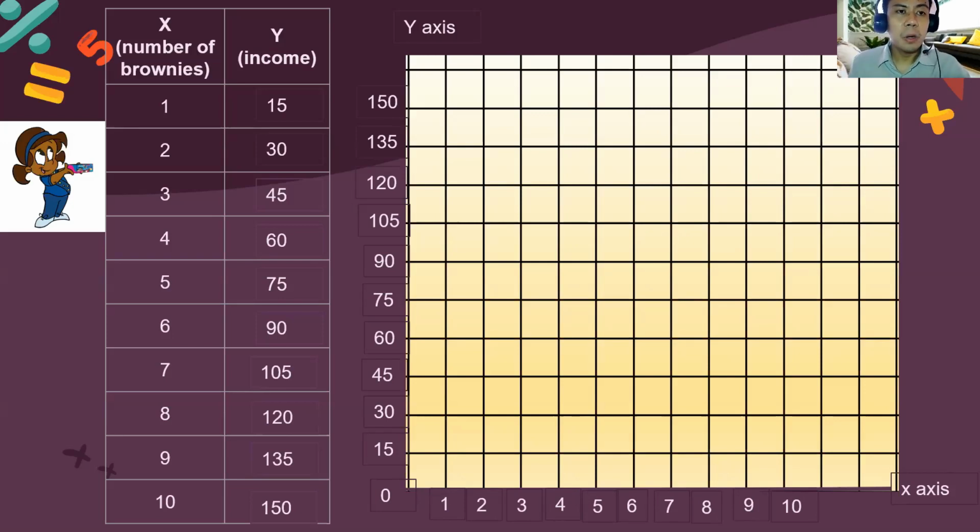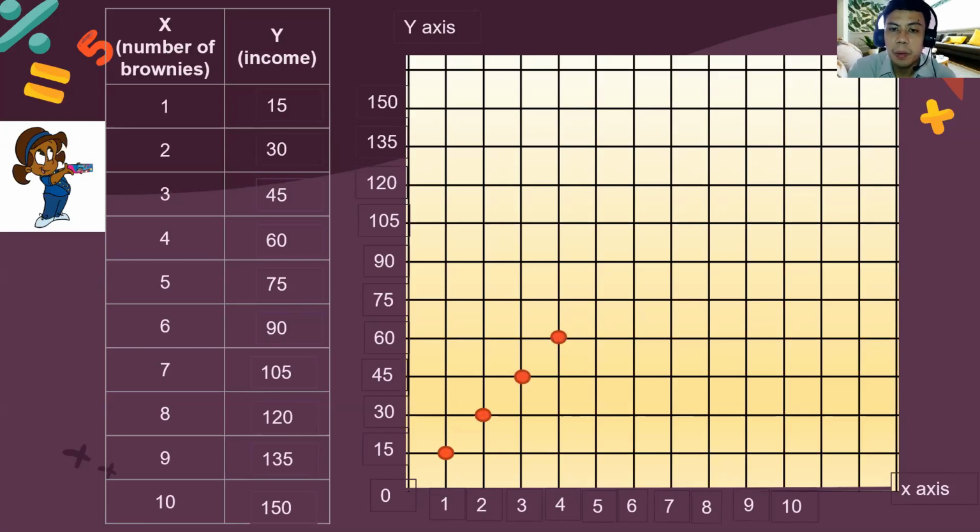If one brownie is sold, the income is 15 pesos, right? If 2 brownies are sold, the income becomes 30 pesos. And that will go on infinitely.